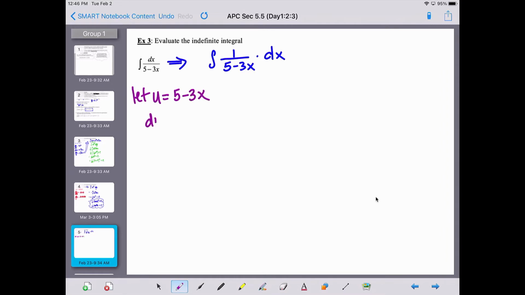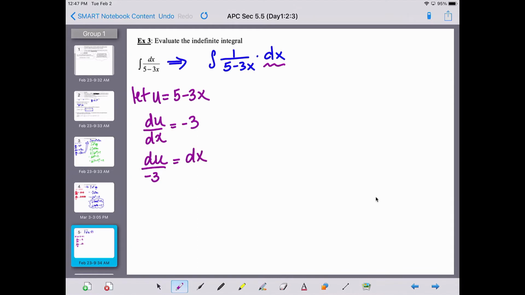Then du dx, the derivative of u with respect to x, is just going to be negative 3, right? Because the derivative of 5 is 0, and the derivative of negative 3x is negative 3. And then since I just want the dx part, I could multiply both sides by dx and divide both sides by negative 3. So I would end up with du divided by negative 3 is equal to dx.